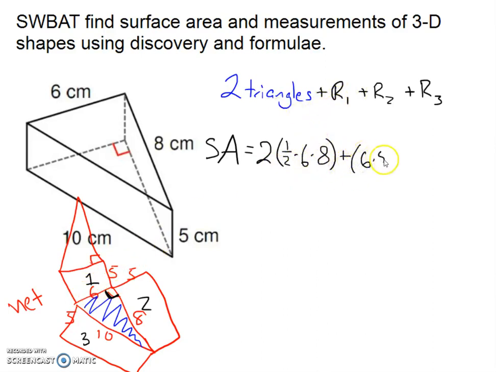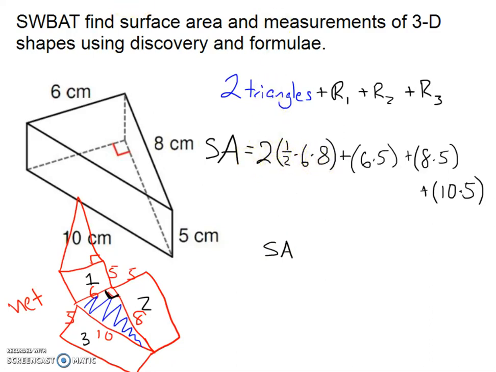Plus the second rectangle is 8 by 5. Plus the third rectangle is 10 by 5. And if you can get here, you're going to get this right, because everything after this is just arithmetic.